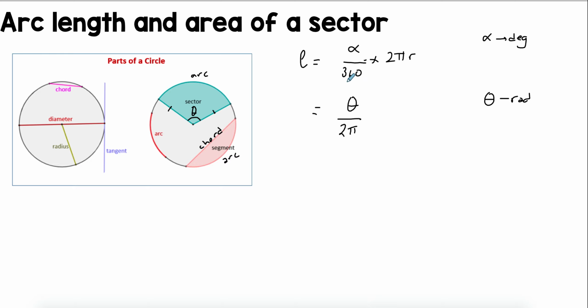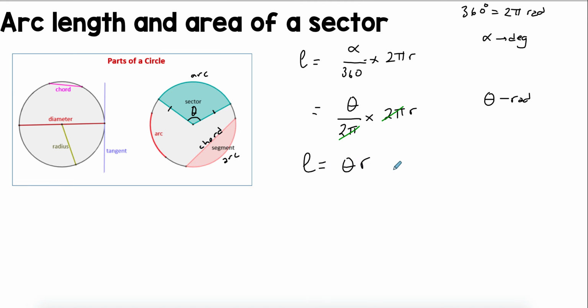We've seen previously that 360 is equal to 2 pi in radians. So this is times 2 pi r, and we can simplify this. This crosses out, and now I'm left with theta r.